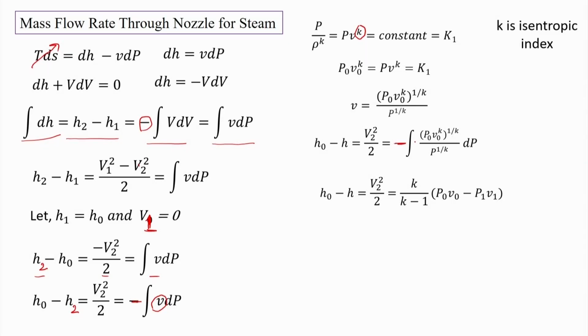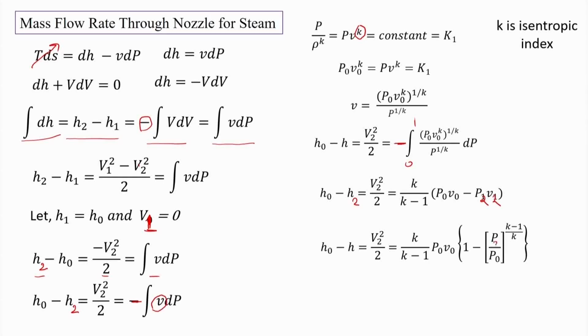Now integrating this expression from state 1 to state 2, we have H0 minus H2 is equal to V2 square by 2 is equal to K upon K minus 1 into P0 V0 minus P2 V2.